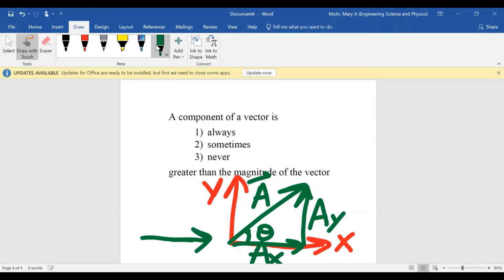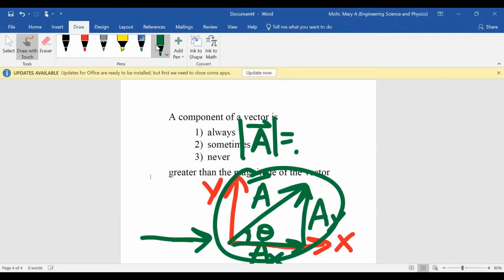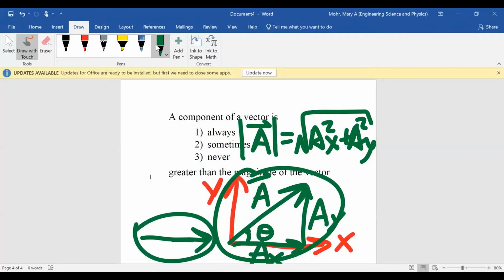And from the relationship that we have with Pythagorean's theorem, we can say this: the magnitude squared is ax squared plus ay squared. So if ay is equal to 0, like we have here, then the magnitude of the vector is equal to ax, but you can never have ax being greater than the magnitude of the vector.